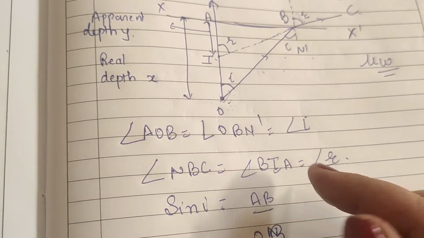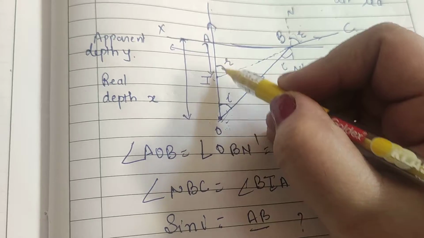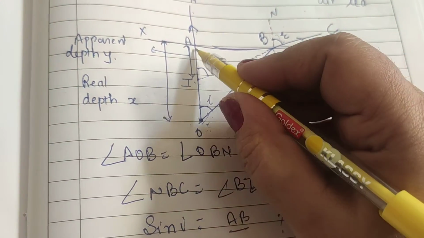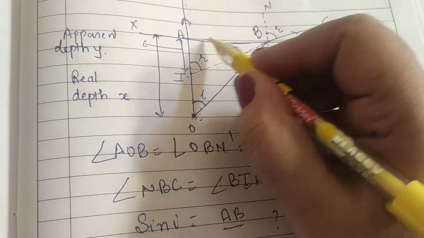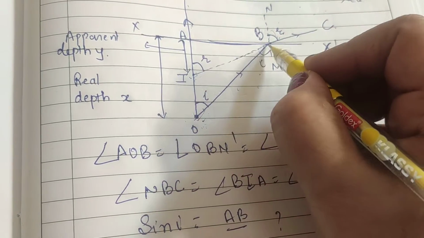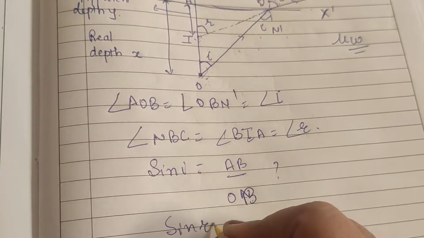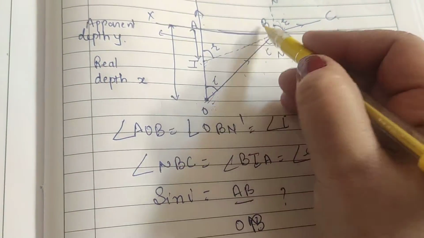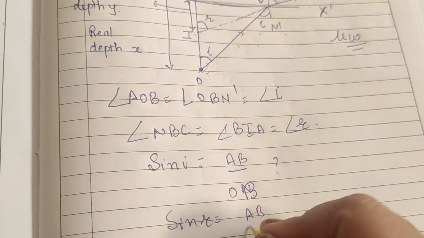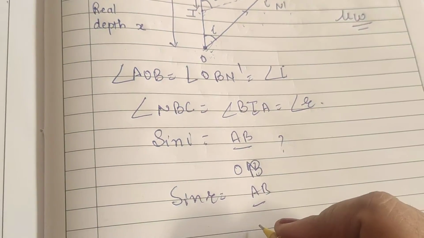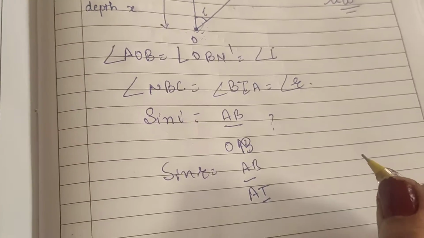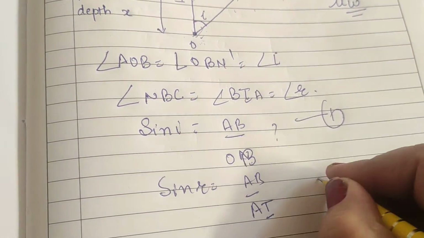This is equation number 1. Similarly, in triangle AIB, this is the base, this is the perpendicular, and this is the hypotenuse. So sine R can be written as perpendicular AB upon hypotenuse AI. This is equation number 2.